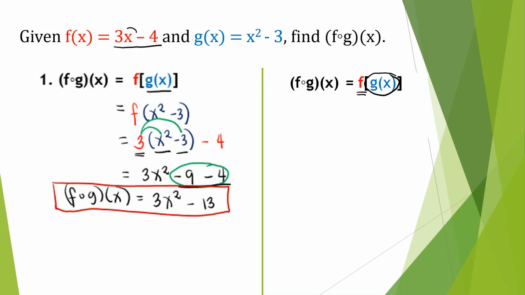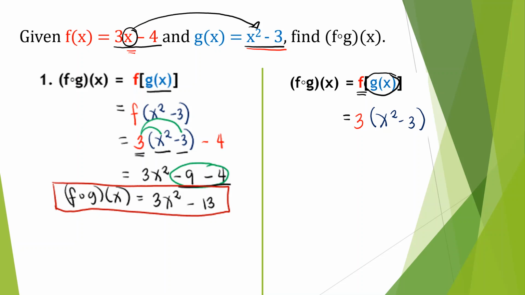Then, all x here will be replaced by the value of g of x, which is x squared minus 3. So this one will become 3. Instead of writing x, we will write x squared minus 3.